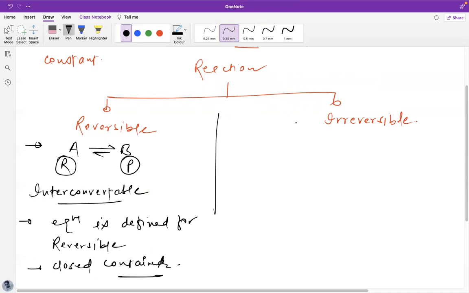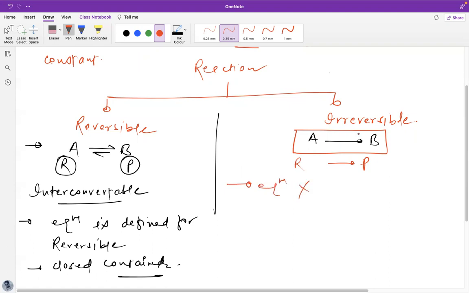And in an irreversible reaction, suppose my reaction is A to B. So this is monodirectional. Mono means unidirectional. It will only be reactant to product. So we cannot say it is interconvertible, and equilibrium is not defined for this. No equilibrium for irreversible reaction.